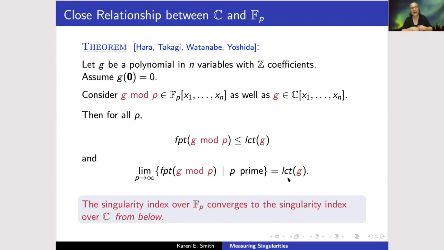So this singularity index over the finite field always converges to the singularity index over C. And it always does so from below, because singularities can basically only be worse in characteristic P than they are over the complex numbers. That's what this theorem is essentially saying.